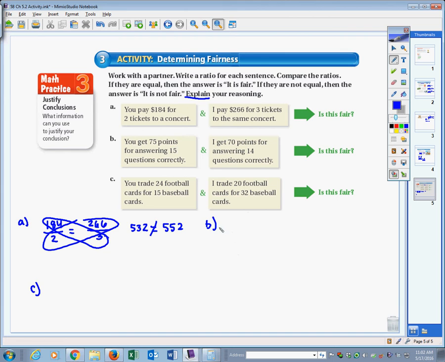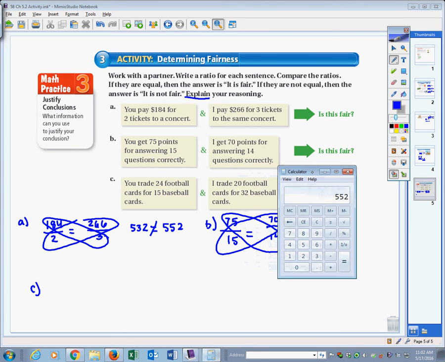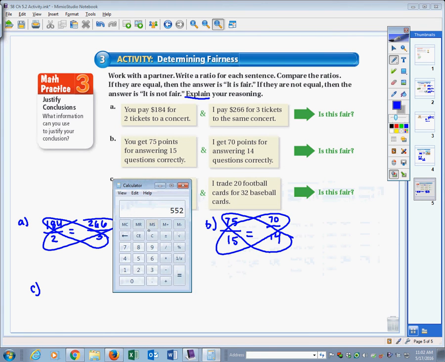All right, so let's check B. It says 75 points for answering 15 questions correctly, so we're going to write it as 75 over 15. And the second situation is 70 points for answering 14 questions correctly. Remember, we're going to do our cross products here and see if this answer comes up okay. So we're going to say 15 times 70 equals 1050.